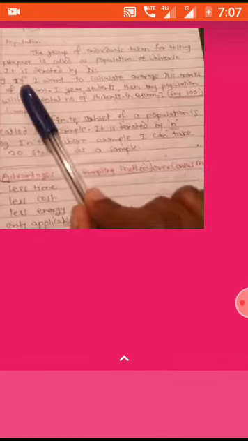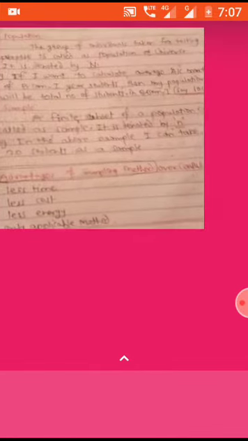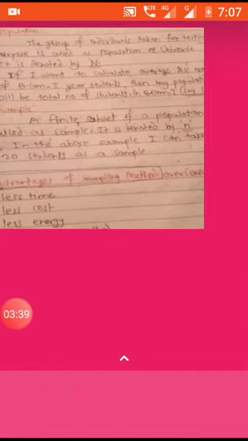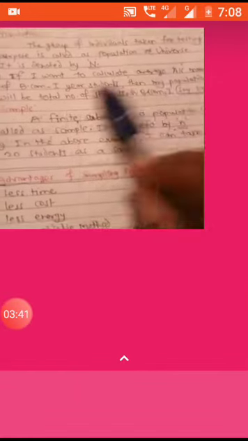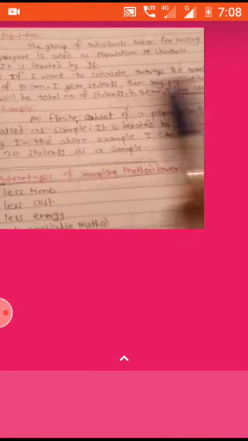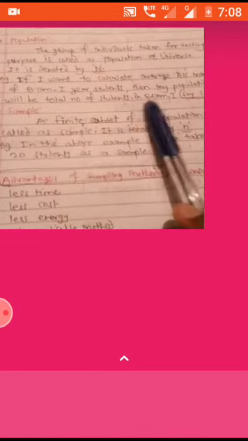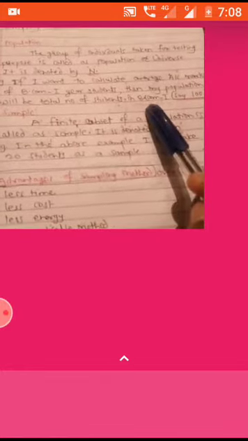For example, suppose I want to calculate the average accountancy marks of BCom first year students. Then my population will be the total number of students in BCom first year. Say, for example, 100 students, then my population will be 100 students.